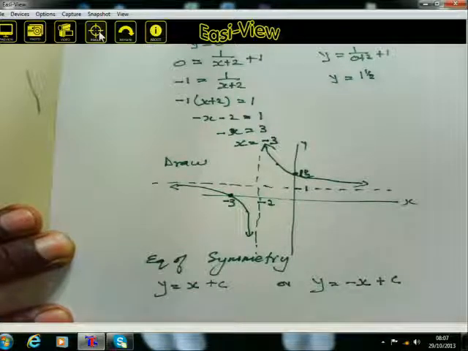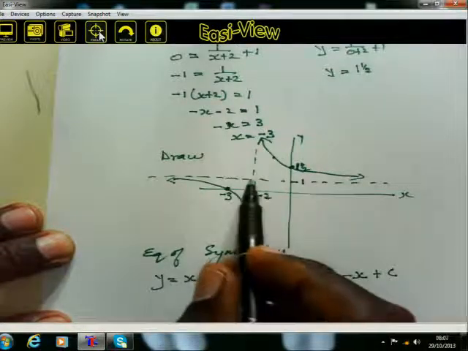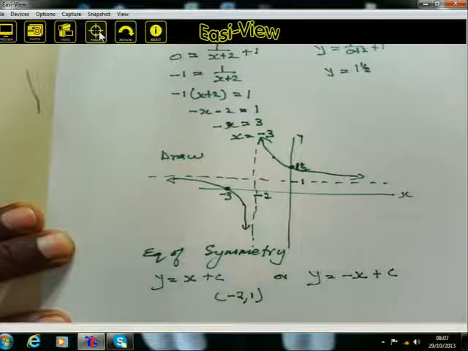Which point are we substituting? We use the most important point, which is the asymptote intersection. In our case, when x is -2, y is 1. This is the important point.